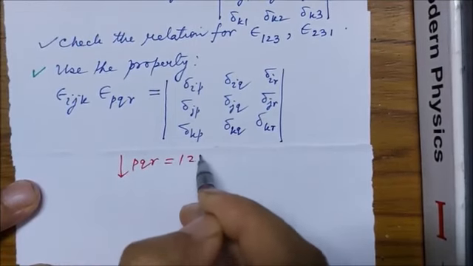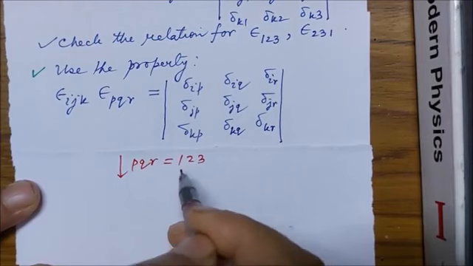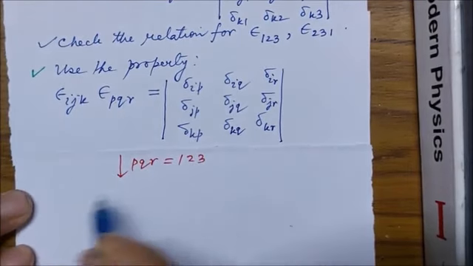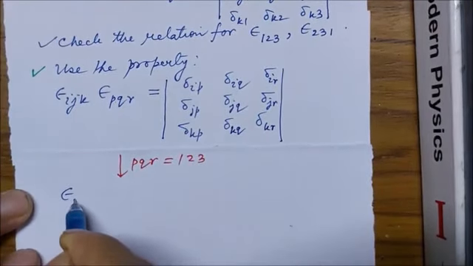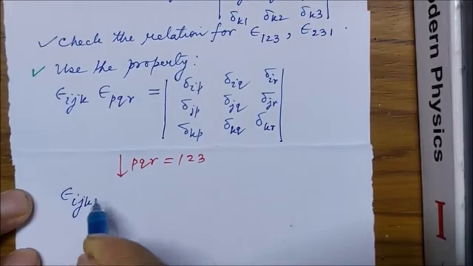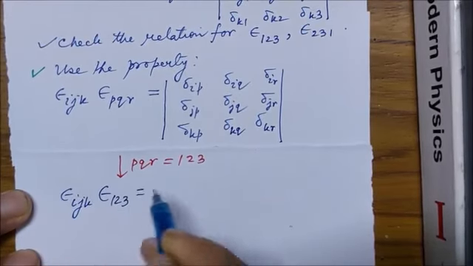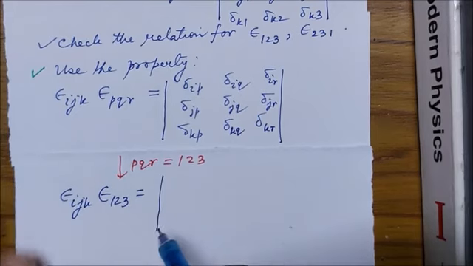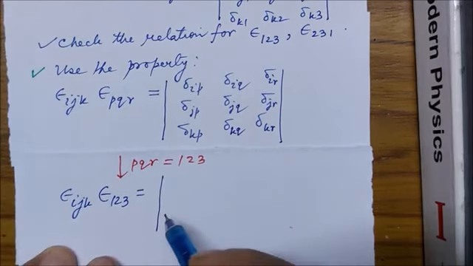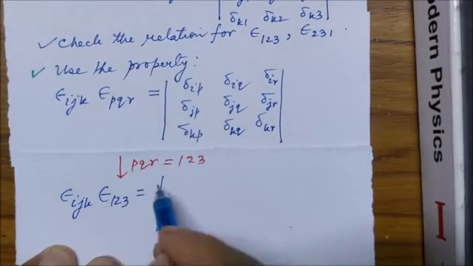For PQR taking values 1, 2, 3, we have, so it is IP, so it is I1 now.